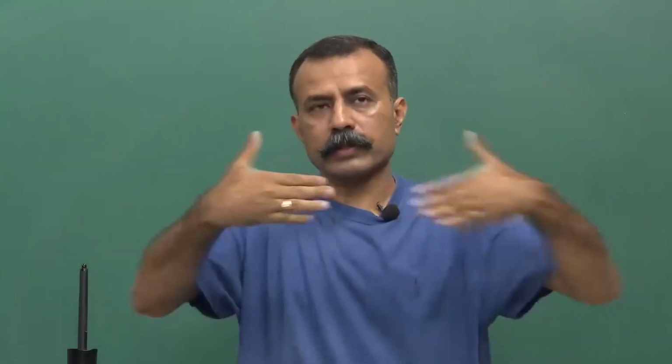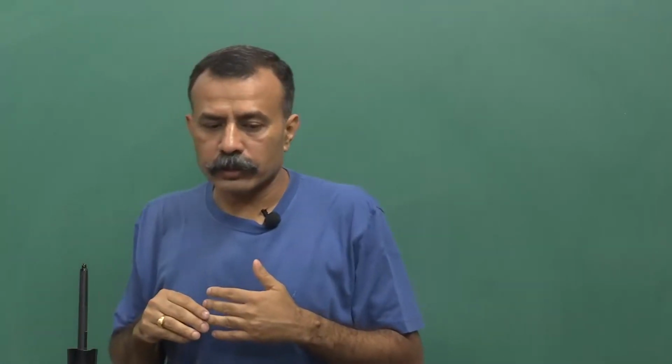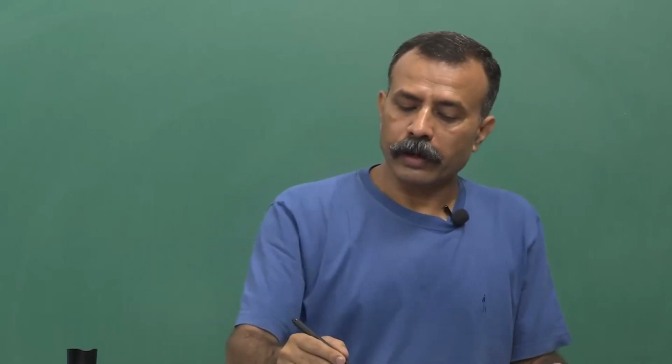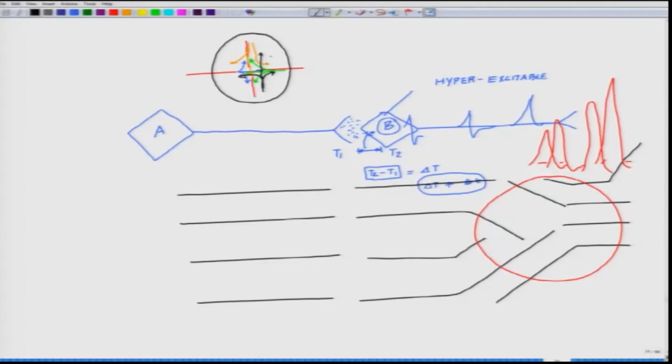You can use that analogy to understand what happens in epileptic bouts. In epilepsy, there is hyperexcitability of the system, and the system goes totally haywire.